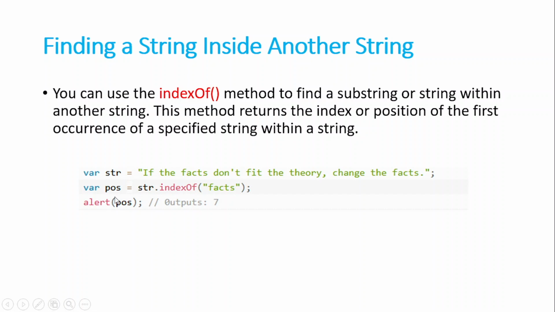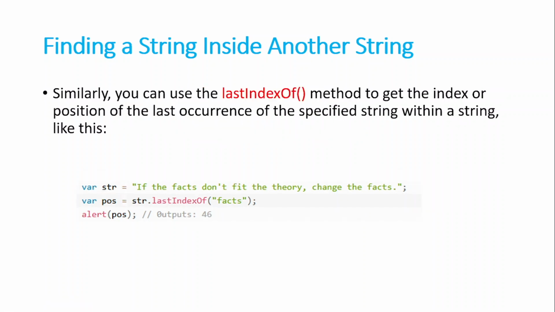So it will return the position of that facts word where it is starting. It is starting from the 7th index, so it returned 7. Now we can alert or console log this out, and it will return 7 here. So it will return the first matching position of the particular word we are searching in this method.